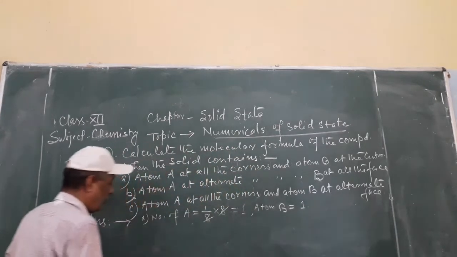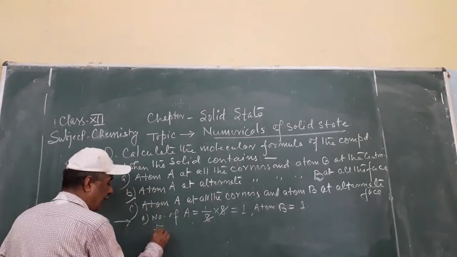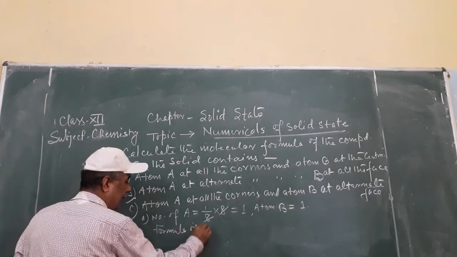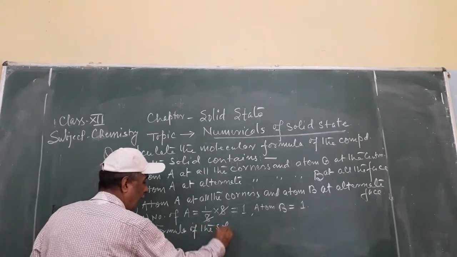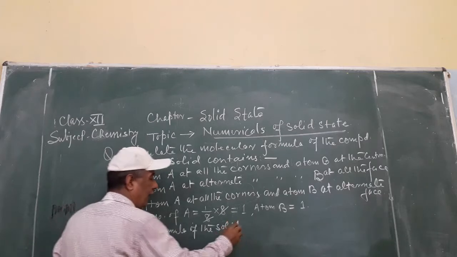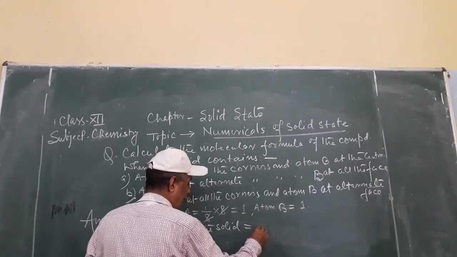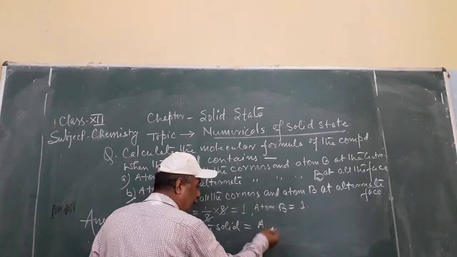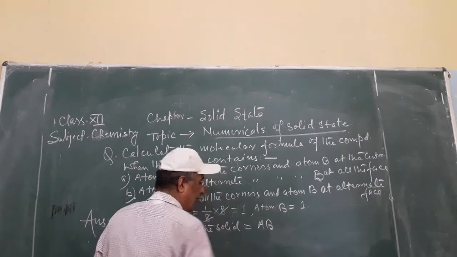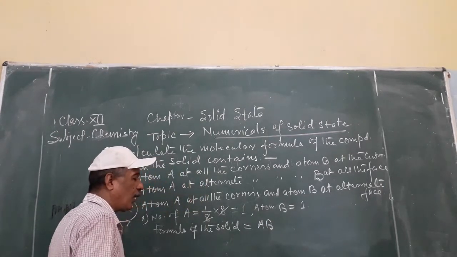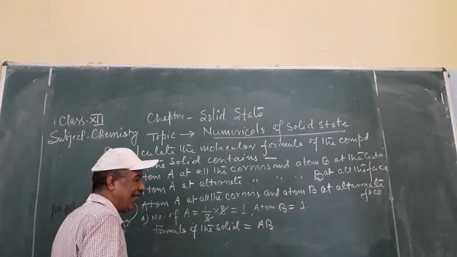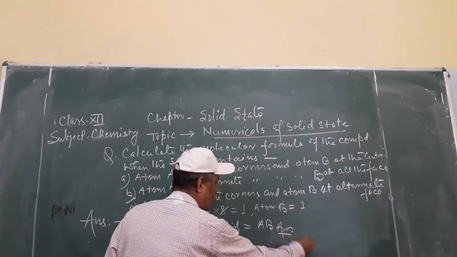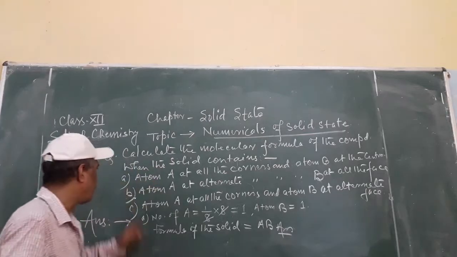So the formula of the solid will be A1 B1. We need not write 1. So the formula of the solid is AB. This is the answer of the first part.